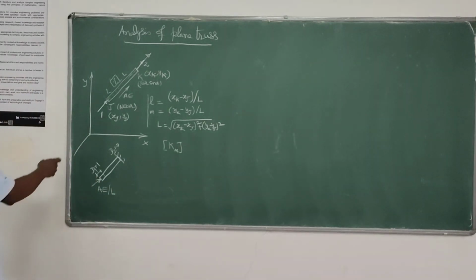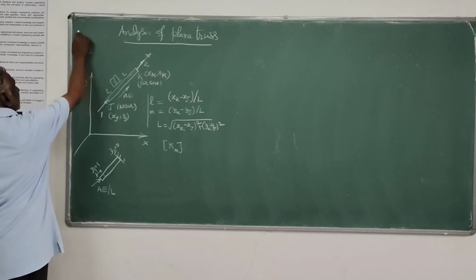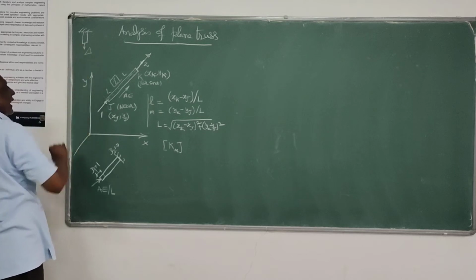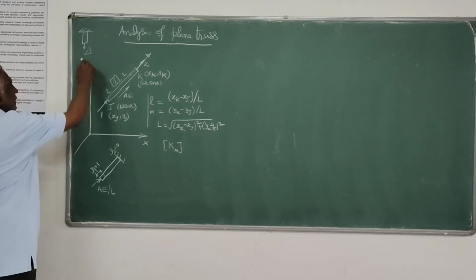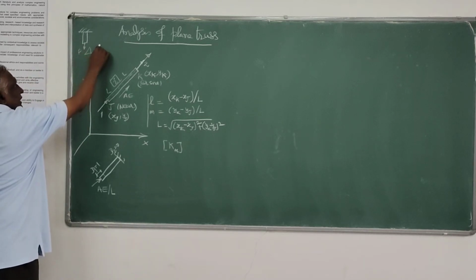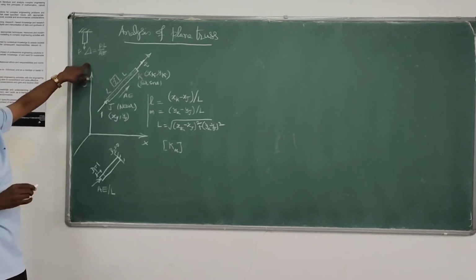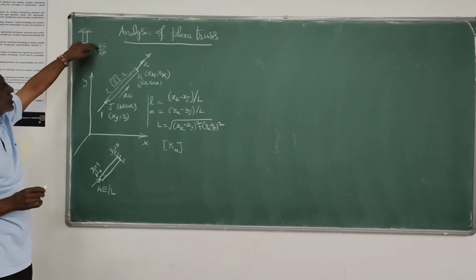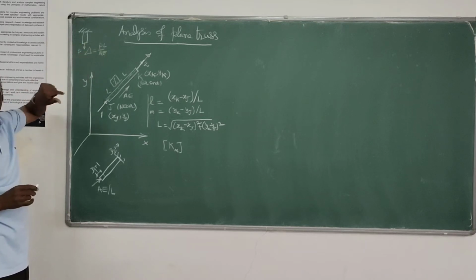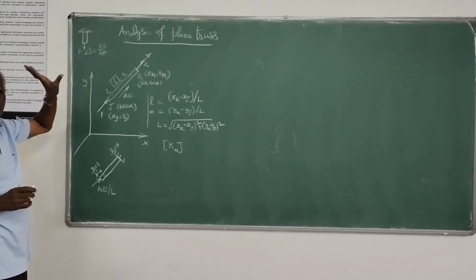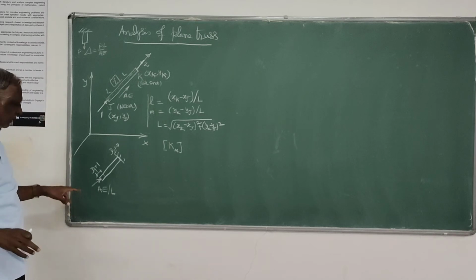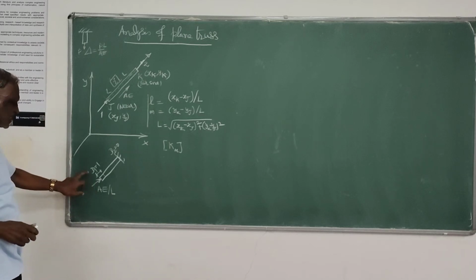Because from fundamentals of strength of materials, we have derived that the displacement at the end of a bar due to a load P is given by PL by AE. If you make this delta as 1, then the force required will be AE by L. Using that simple strength of materials formula, I have found out the stiffness.